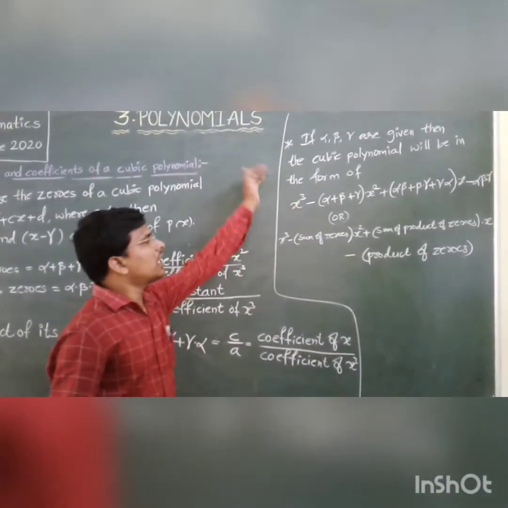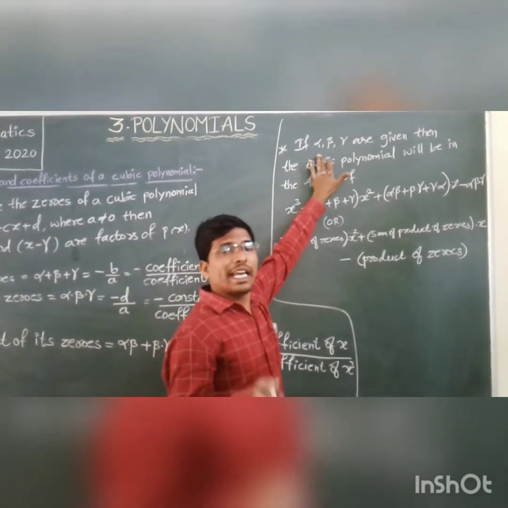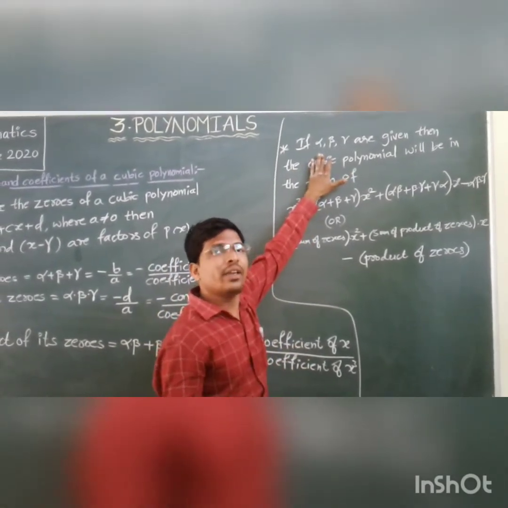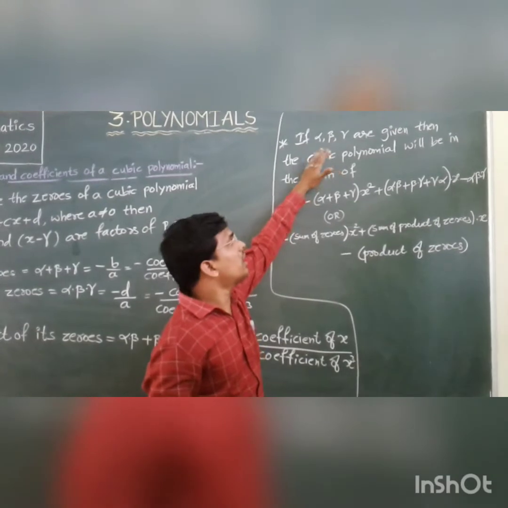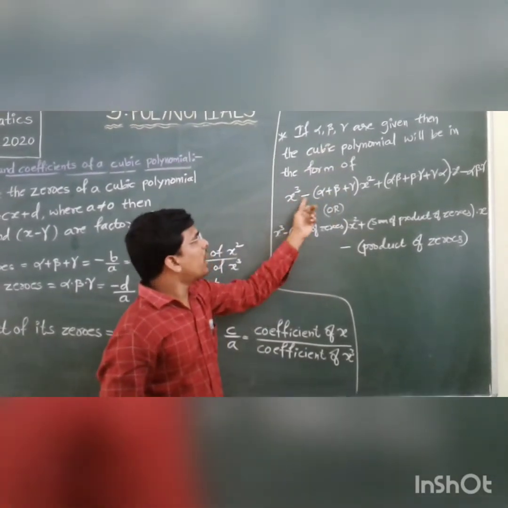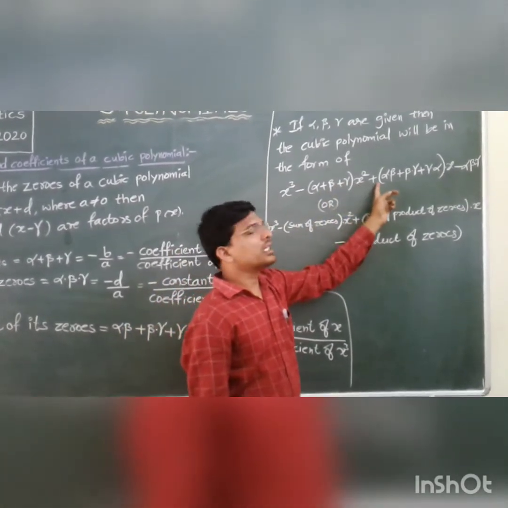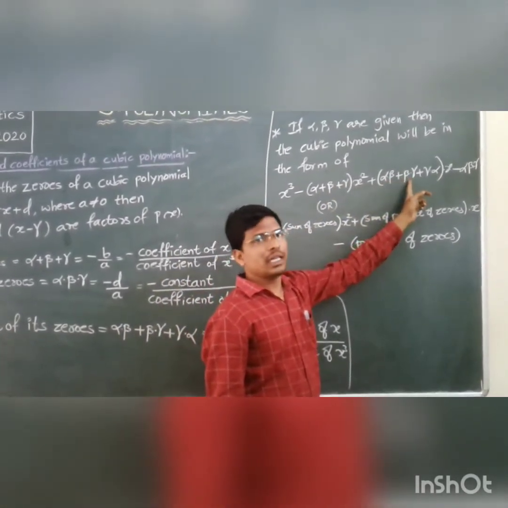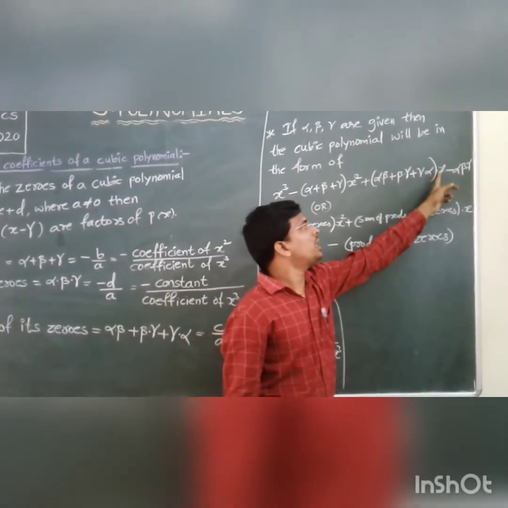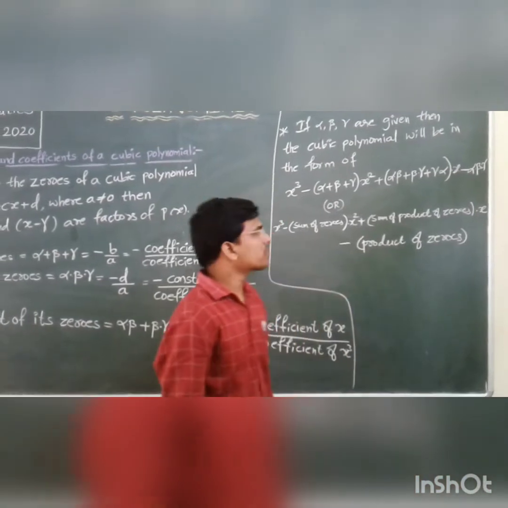So this is one more relation for when the individual zeros alpha, beta, gamma are given and they ask us to write the cubic polynomial. So this is the form: x cube minus alpha plus beta plus gamma into x square plus alpha beta plus beta gamma plus gamma alpha into x minus alpha beta gamma.